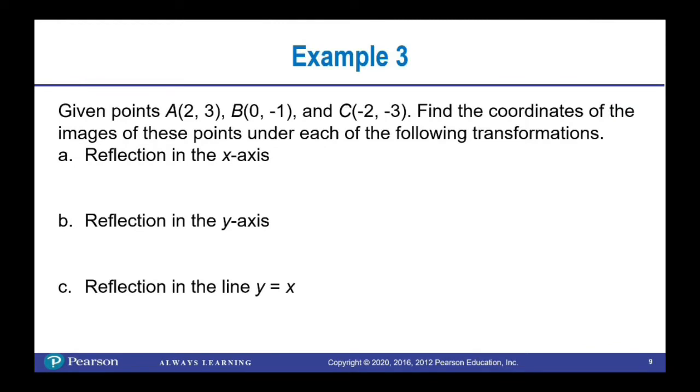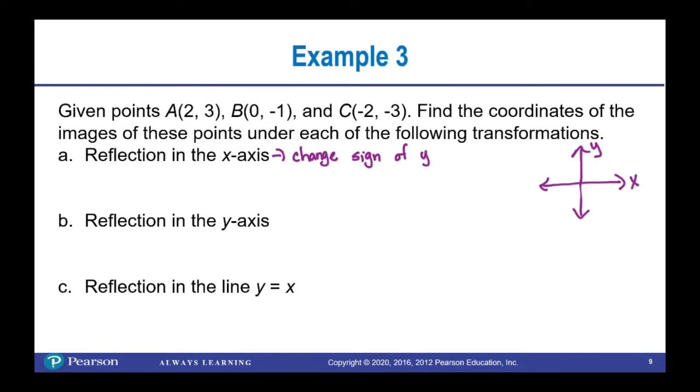So look at example 3. We are given 3 points, and we want to find the coordinates of these points under certain transformations. First, we have a reflection in the x-axis. We talked about how a reflection in the x-axis moves our point from above the axis to below the axis or vice versa. That changes the sign of the y.